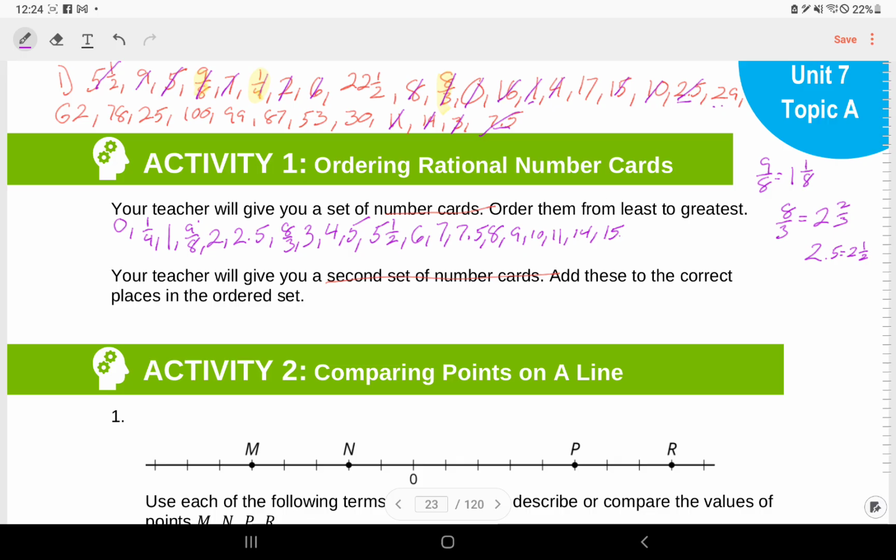And then a 16. And then a 17. Okay. Now there's no 18, no 19, no 20, no 21, but there is a 22 and a half.